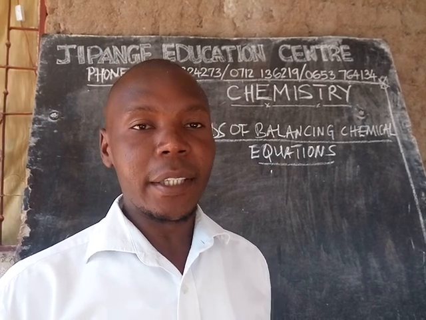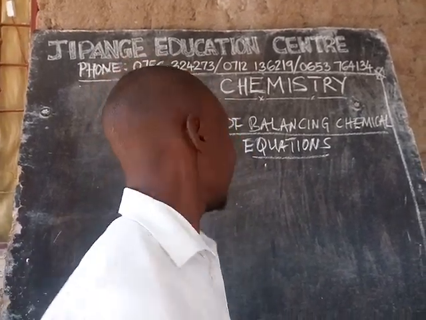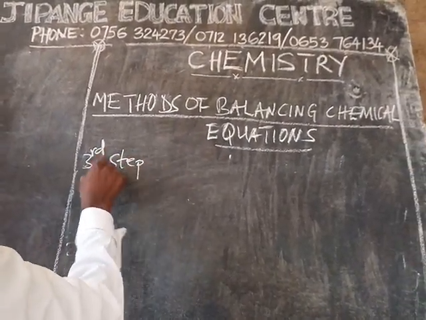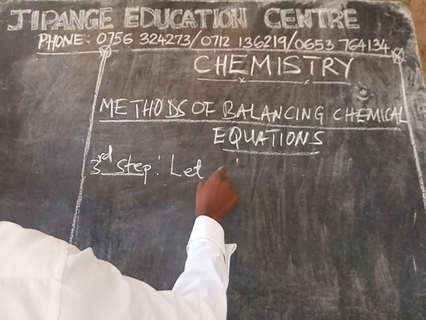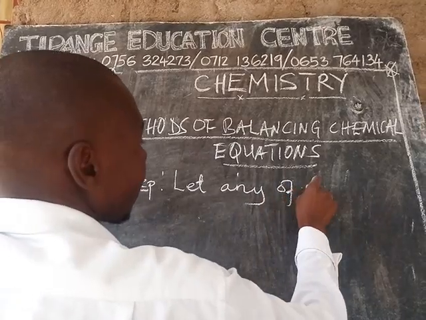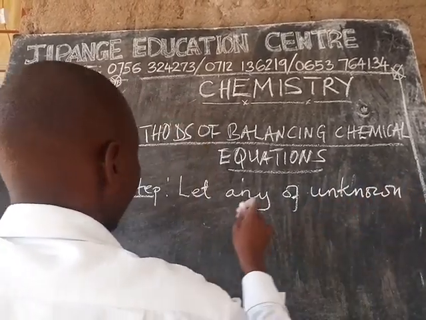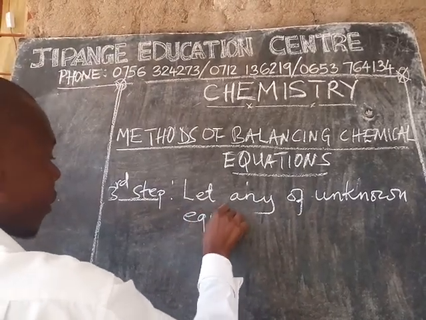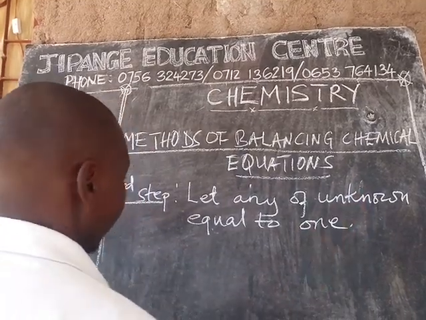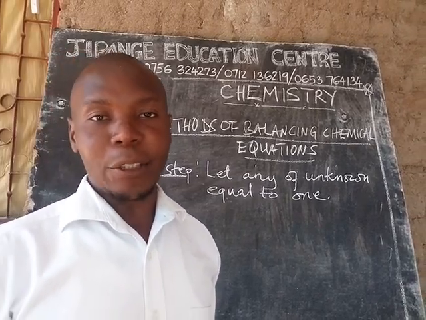In step 3, you have to let one of the unknowns be equal to 1. So for example, you can let A is equal to 1.